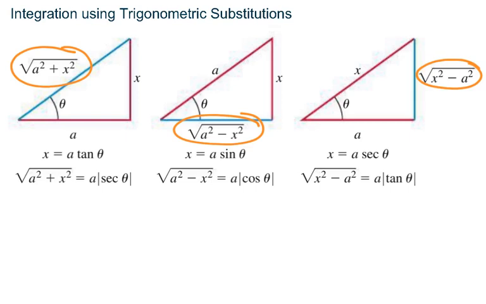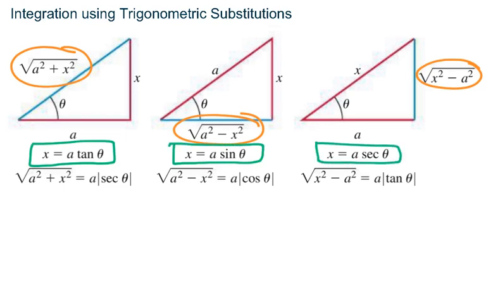And the three common substitutions, I'm going to draw a square around here in green, are either x equals that constant a times tangent theta, or x equals the constant a times sine theta, and x equals the constant a times secant theta. And that's determined by the form that we are given.